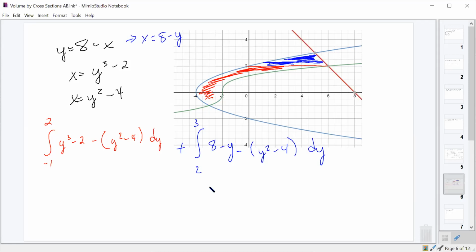So it's transitioning from the cubic being the rightmost to the line being the rightmost? Correct. Okay. Why wouldn't you just utilize the fact that the parabola seems like it's always on top of the cubic, and then just do a standard top-down integral instead of a right-left?